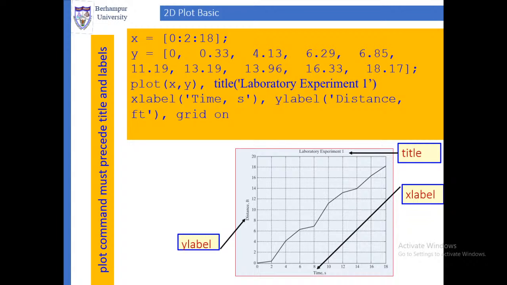Now we can have one set of x, or we can have n number of sets of x. If we have one set of x, then we will get one set of y, and we will get one curve or one plot. If we have more than one set of x, then we can have more than one plot.